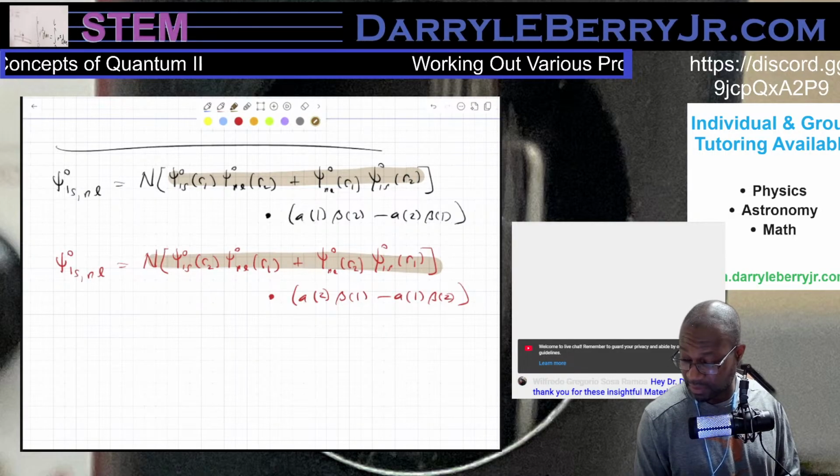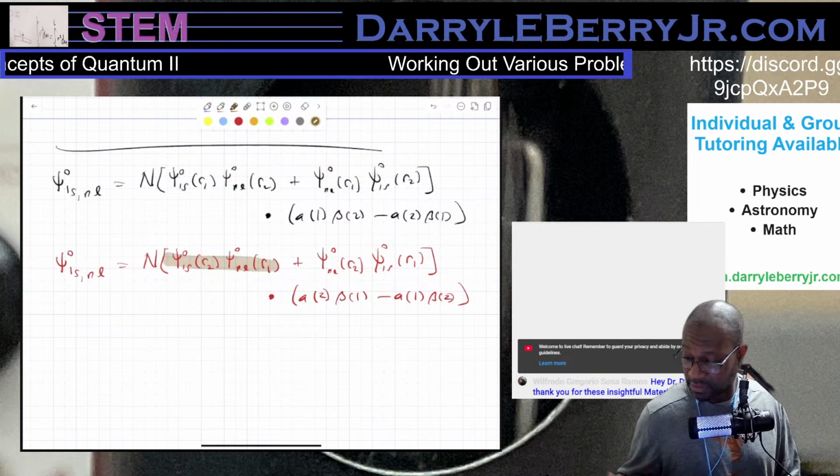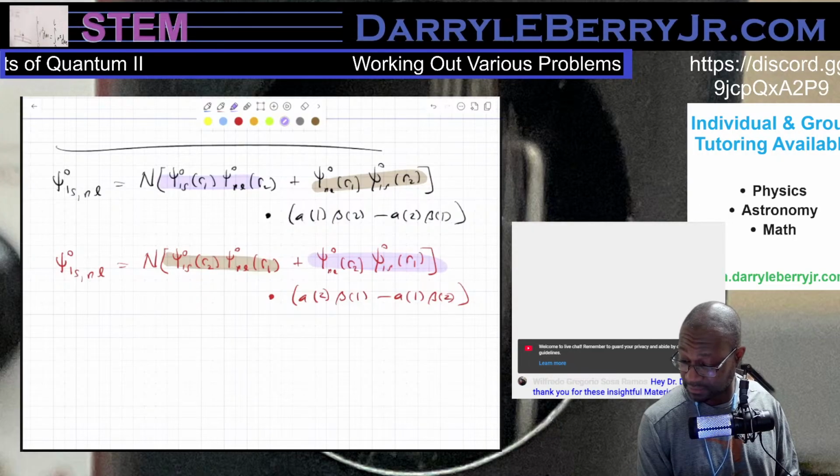Now, they're in different positions. Like for instance, this equals this now, and this equals this, if you look at it, right? They're the same exact thing.